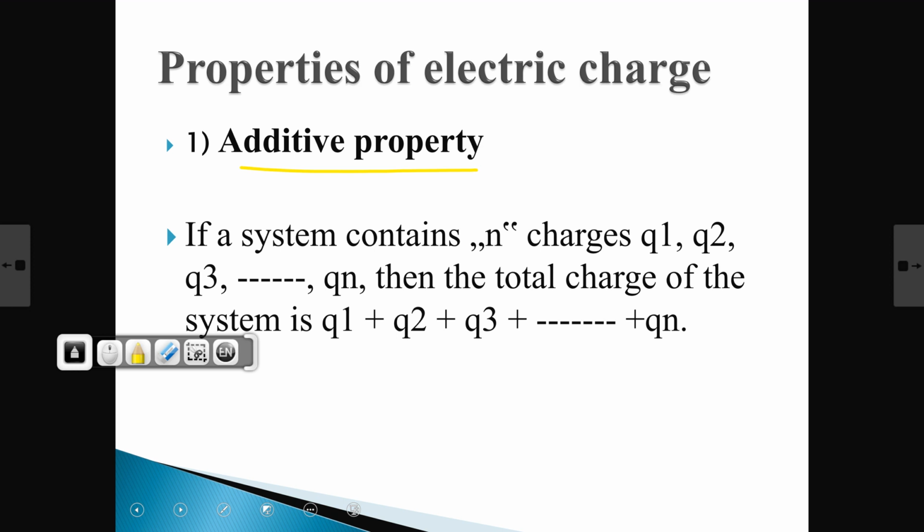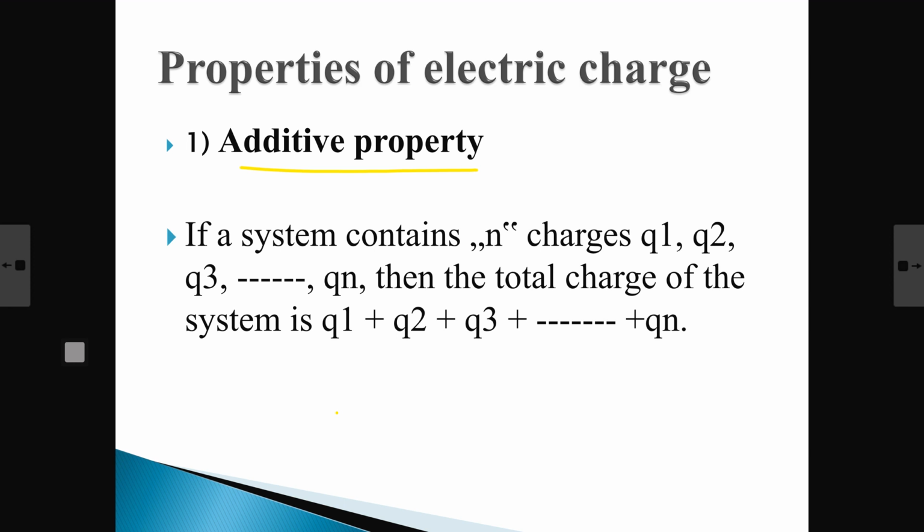The additive property says that if a system contains n charges, that is Q1, Q2, Q3, up to Qn, then the total charge of the system is Q1 plus Q2 plus Q3, up to Qn. That is, to find the total charge of the system, we need to add all the individual charges.